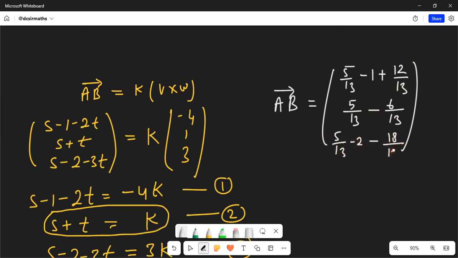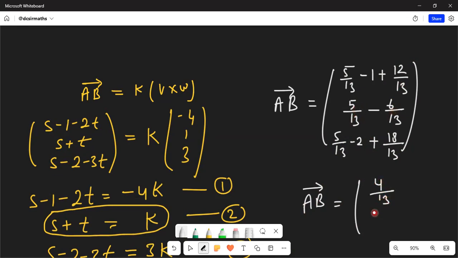That should be positive, isn't it? Negative times negative is positive. So you get the AB vector very easily. So your AB vector is 5 plus 12 is 17 by 13 minus 13, which should be 4 by 13.